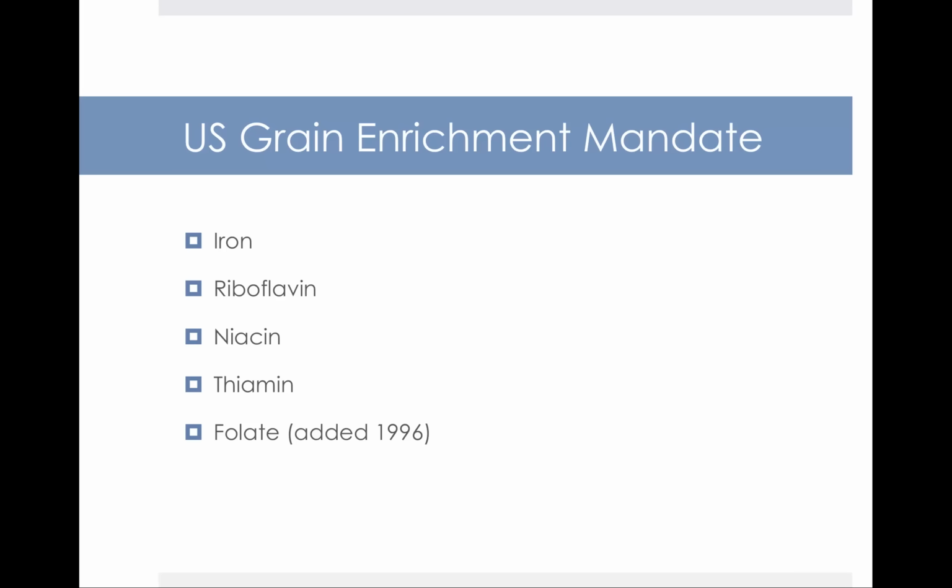In the United States, there's a law, it's in 1942, that says that our wheat products, if they're refined, meaning white wheat products, that they have to be enriched with the following nutrients: iron, riboflavin, niacin, and thiamine. In 1996, folate was added in order to help prevent against neural tube defects.